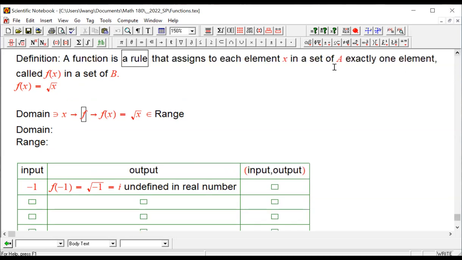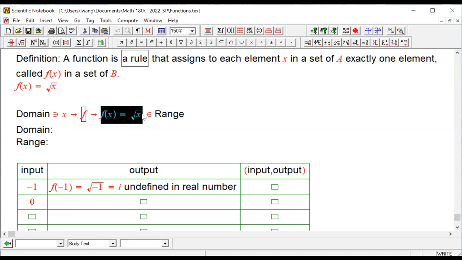Okay, we want to have exactly one output. That one output has to be a real number. Therefore, we cannot have a negative number as input. In other words, a negative number cannot be in the domain. Can 0 be in the domain?